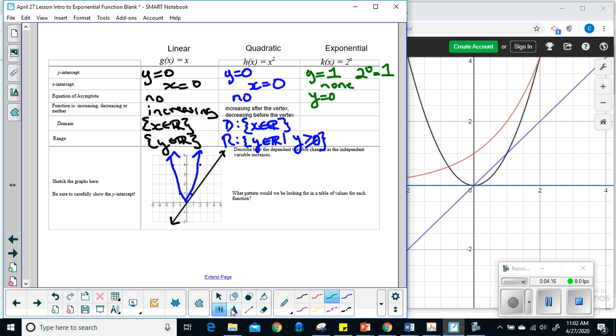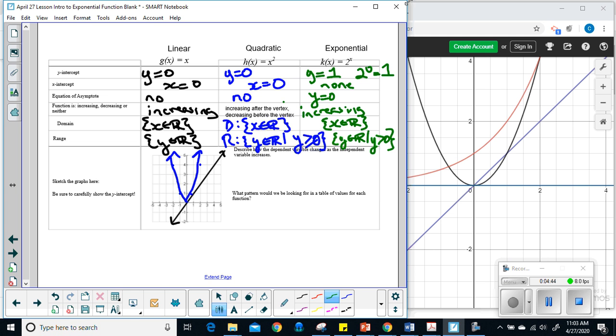My function here is increasing. My domain is x is any real number. And my range would be y is any real number such that y is greater than 0. Can't equal 0 because that's my asymptote, but I am greater than 0.